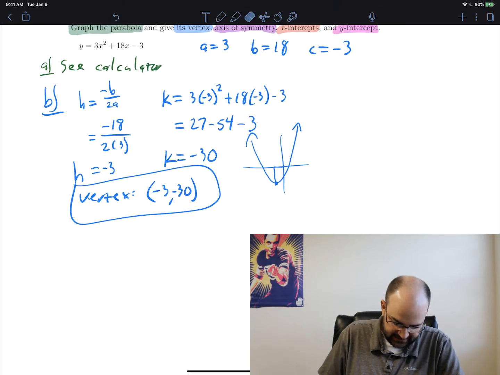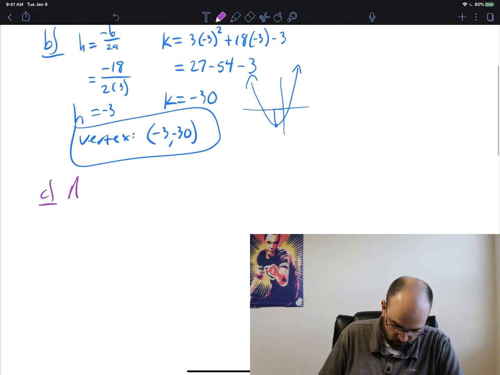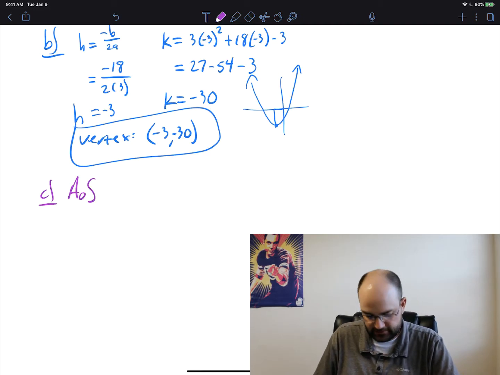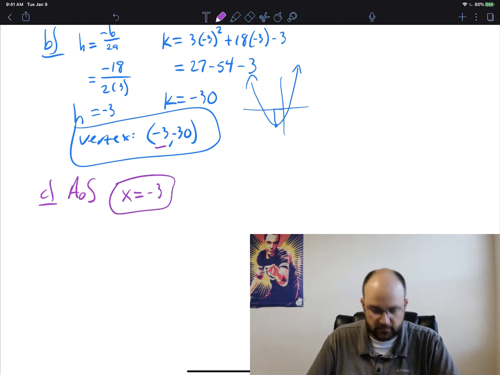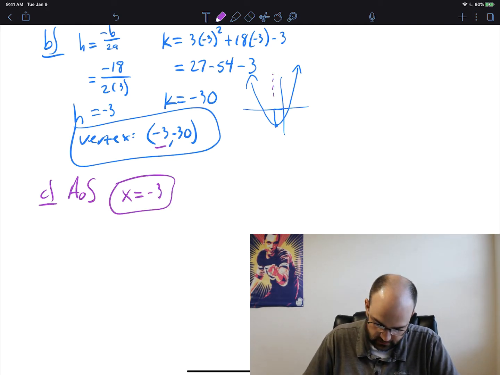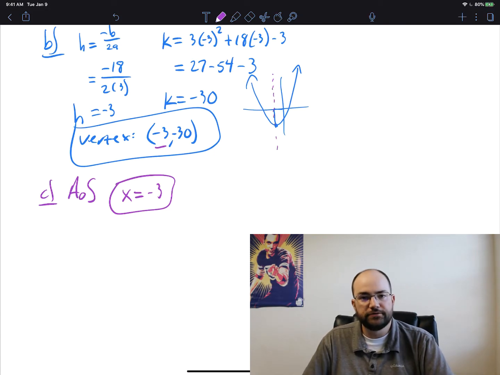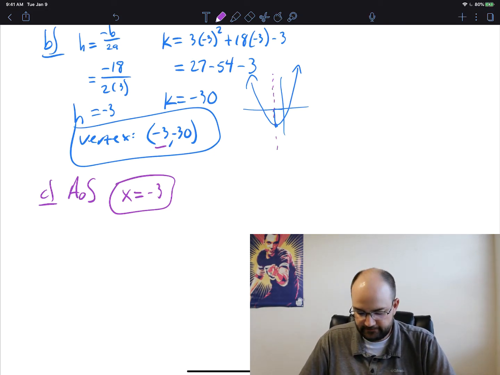As for the axis of symmetry, which I will label as AOS, it's always x equals the x-coordinate of the vertex, because it is a vertical line that goes through the vertex. Awesome.